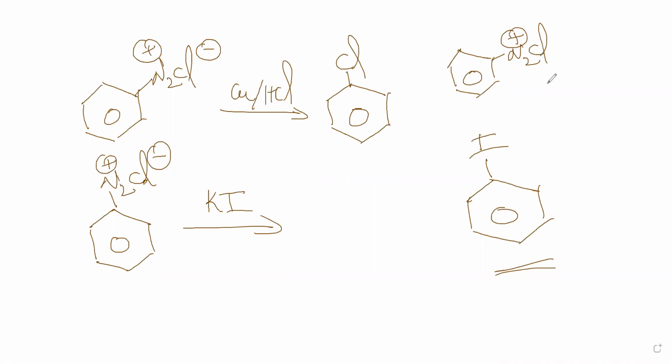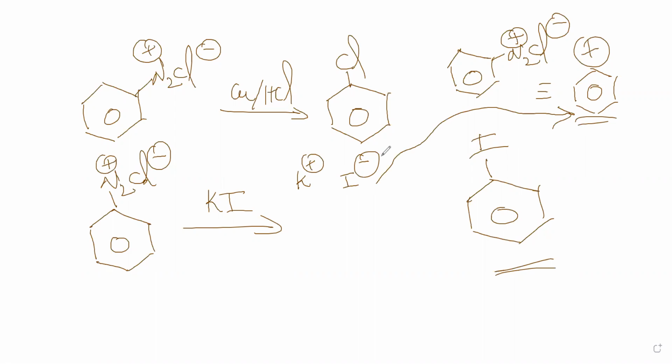N2+ Cl- is there. This one you assume like this: over the benzene ring, a positive charge. This is equivalent to that. Now if I put KI, potassium iodide contains K+ and I-. The I- you join it here, leaving nitrogen.